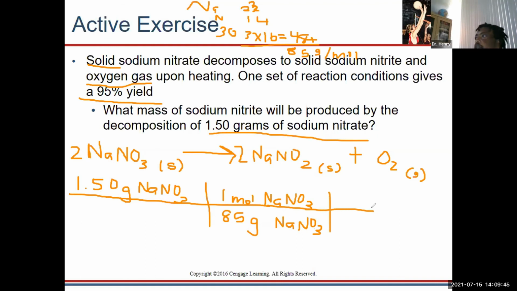Okay, so how do I get to nitrite? Yeah, we do, but there's one step before that. Although it doesn't make too much of a difference here, in other cases it may. We've got to use the chemical equation for something. What is the ratio of nitrate to nitrite?